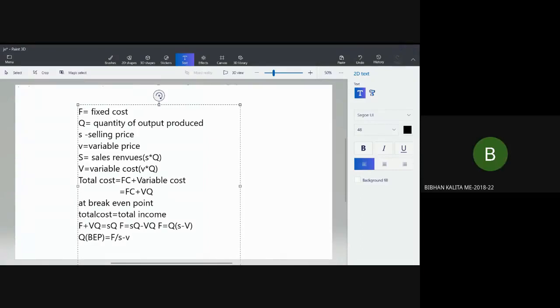Present, ma'am. Chinmay is there. Darshan S. Present, ma'am. Govind Raj. Present, ma'am.